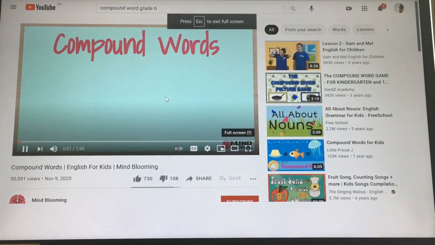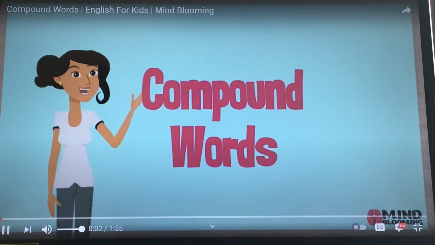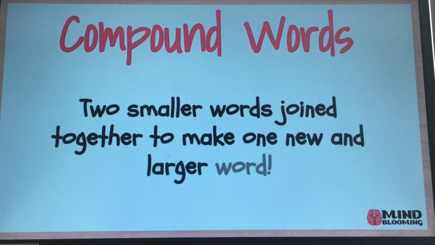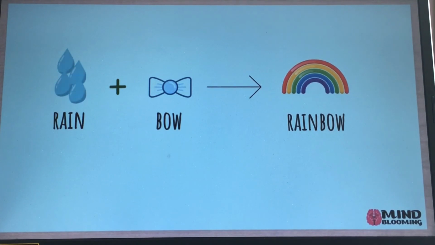are 2 smaller words joined together to make one new and large. Let's start. Compound words. Compound words are 2 smaller words joined together to make one new and larger word. For example, the 2 small words rain and bow put together will make the word rainbow, which is a whole new, bigger word with a completely different meaning.